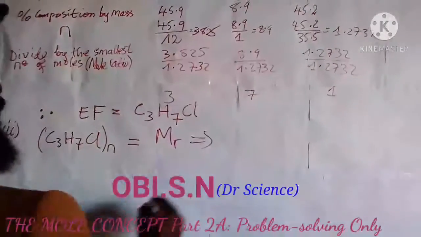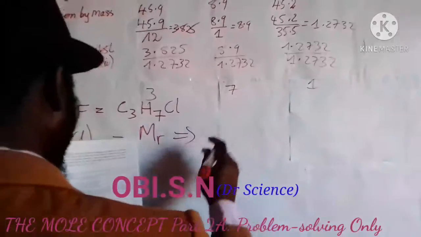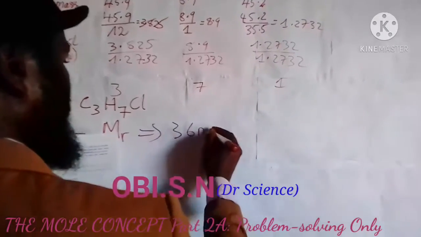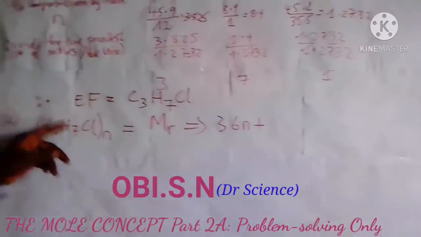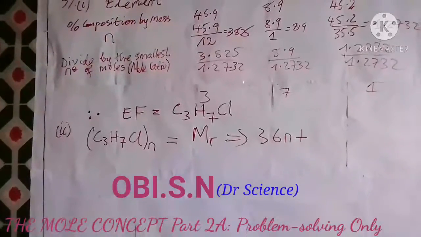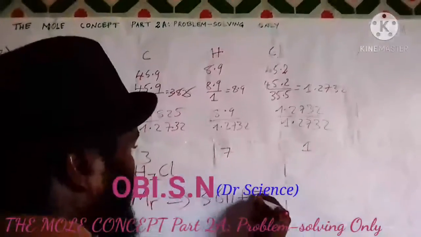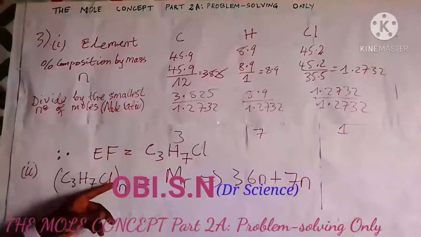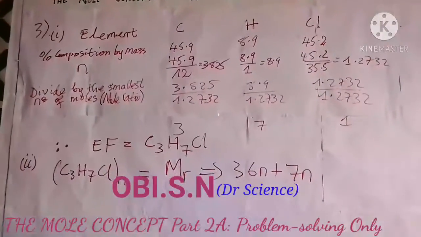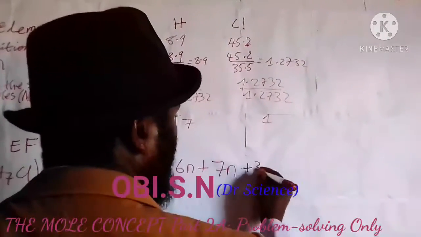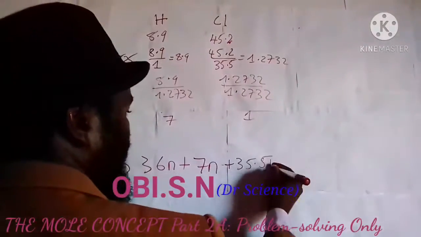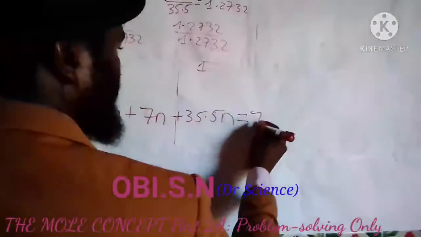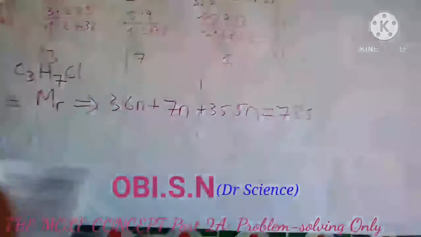We have 3 times 12, 36n, plus 7 times 1 times n, we have 7n. 1 times 35.5 times n, we have 35.5n. All this should give us 78.5.